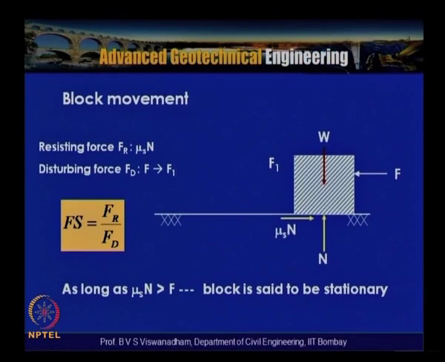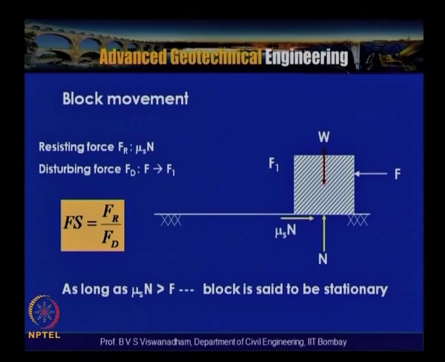So, consider in this example a block movement. Before introducing the method of slope instability, let us see this example where a block of weight W is resting on a surface having a certain static friction, let us say mu s.